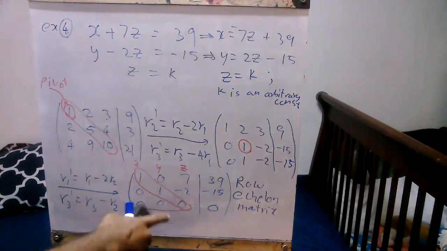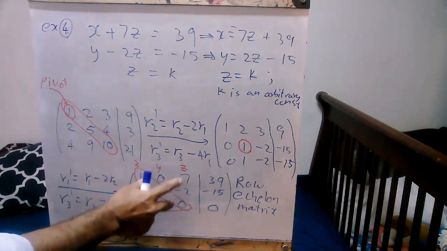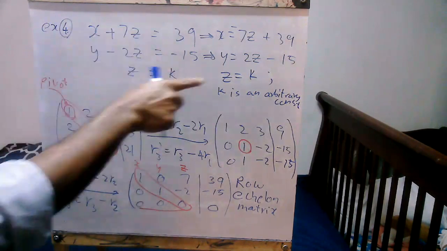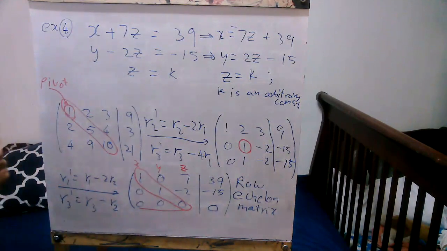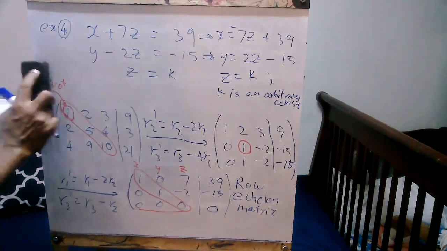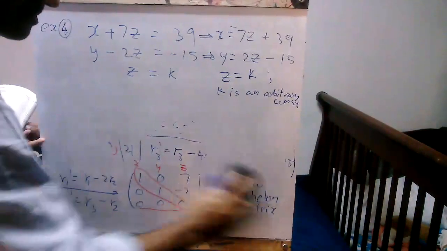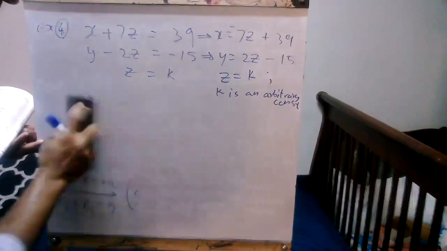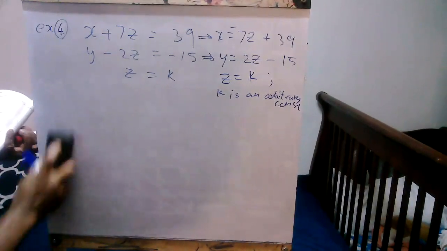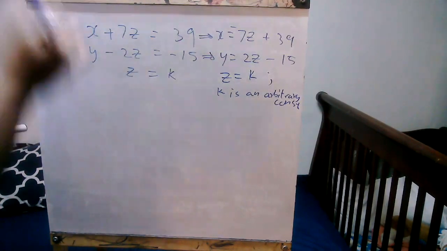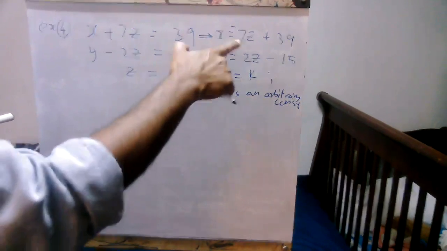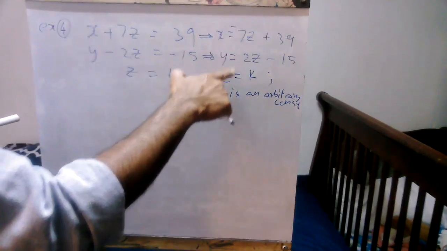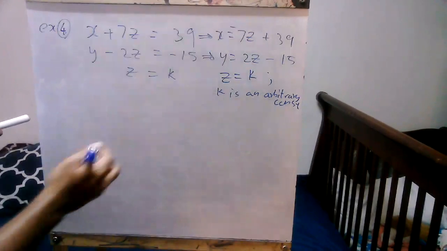Now I converted this augmented matrix into equations. We get this and we assign k for z. Right. Now I'm gonna erase this. We can write these equations substituting k wherever you see z, right?